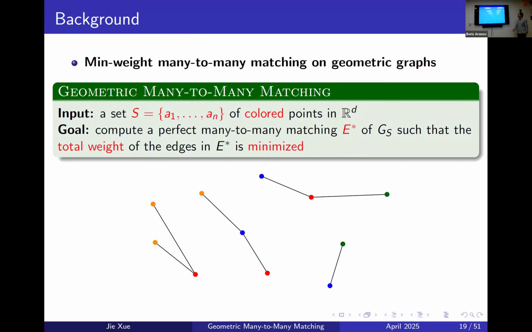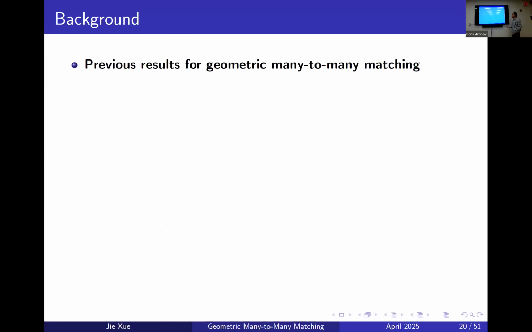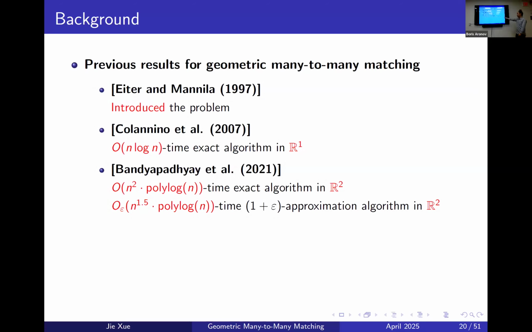Let's look at some previous results on this problem. In 1997, this problem was introduced. The problem in 1D should be very easy, and it's known that you can solve it in n log n time, where n is the number of points. The problem in 2D already becomes tricky. For exact algorithms, the only known algorithm requires roughly n squared polylog n time.